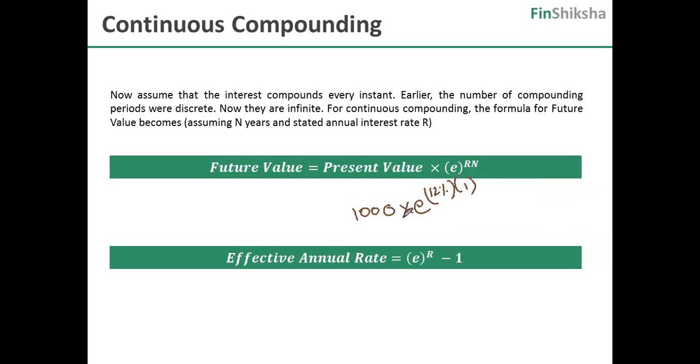That's your value that you will get. You will note that just like we have earlier discussed, continuous compounding will give you the highest effective annual interest. We said higher the frequency of compounding, higher the effective annual interest. If the compounding frequency is continuous, which means it gets compounded practically every instant, this is the highest return you can generate on the funds that you have invested in this particular portfolio.